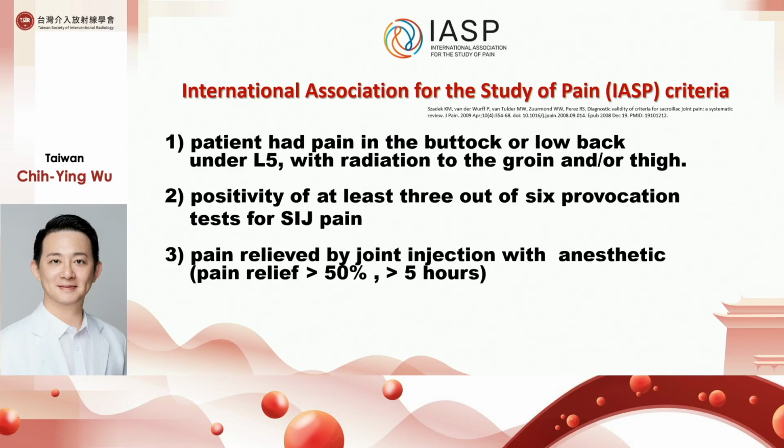According to the IASP, the International Association for the Study of Pain criteria for the SI joint in 2009, the first is the symptom: the patient suffers from low back pain below the L5 level. The second is physical examination, with at least 3 out of 6 provocation tests positive. And the third is that we use diagnostic joint injection with anesthetic.